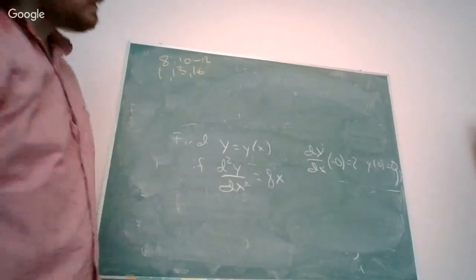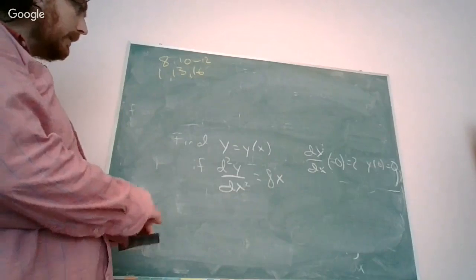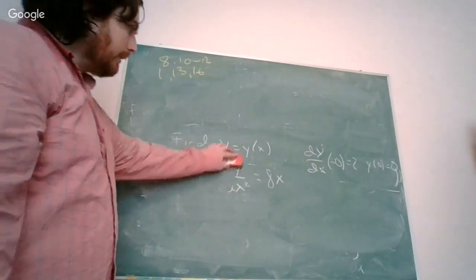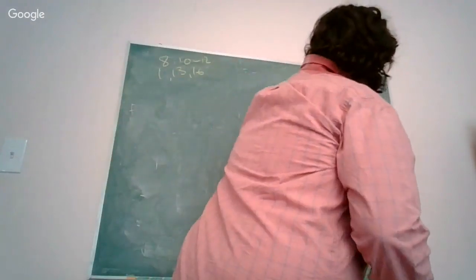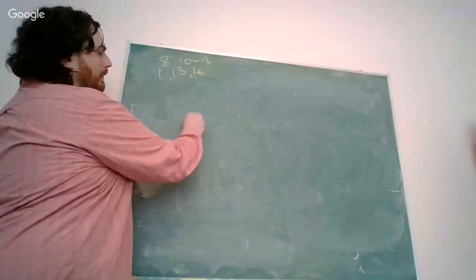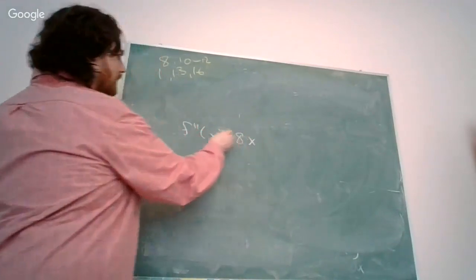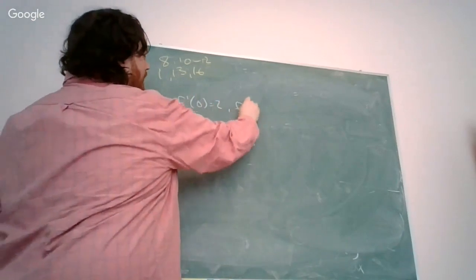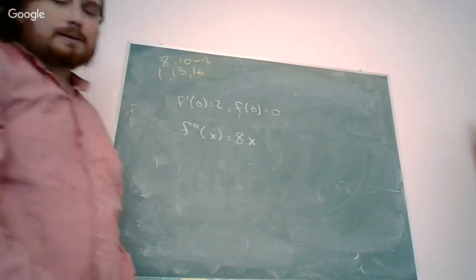All right, good. Just making sure I have the right one here. So I'm going to rewrite it in the notation that we've been using. Really what they're telling me here is that the second derivative, or f double prime of x, is equal to 8x. The first derivative at 0 is 2, and the original function at 0 is 0, and they want us to find f of x.